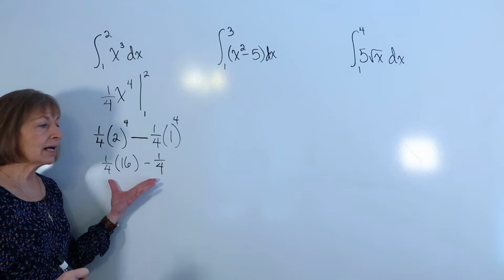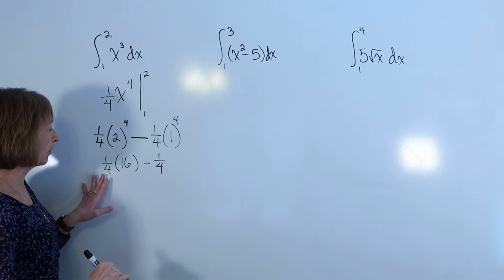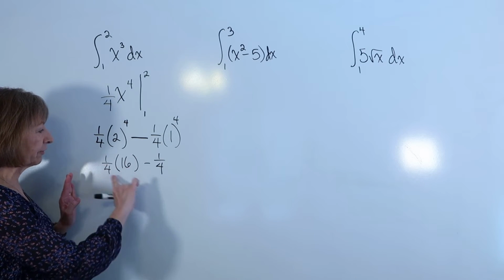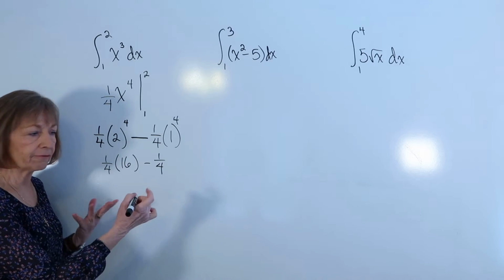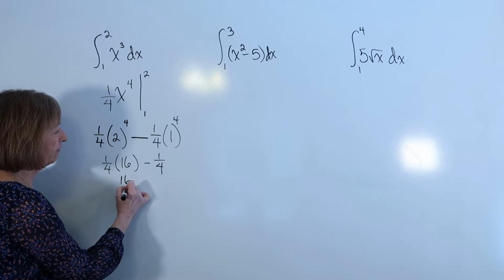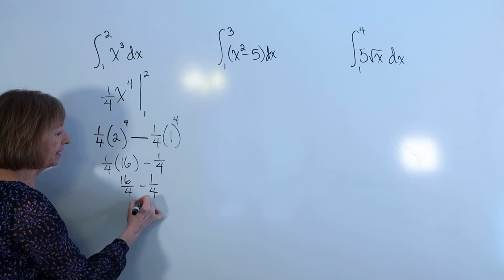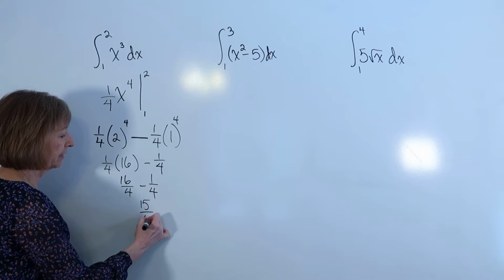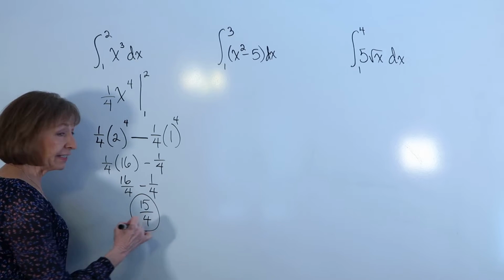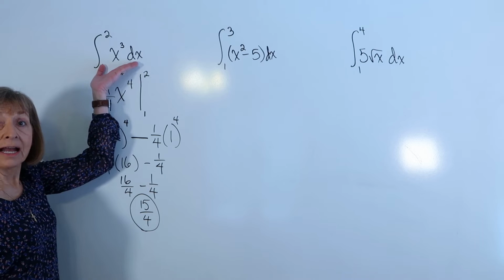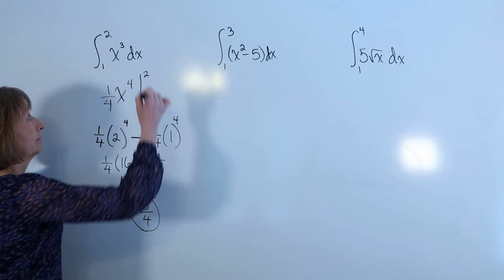And then because I have the common denominator of 4 that I need to use, I'm going to think of this first term as 16/4, not 4. So I have 16/4 minus 1/4, which gives me 16 minus 1 is 15/4. So this 15/4 is the value for that definite integral.